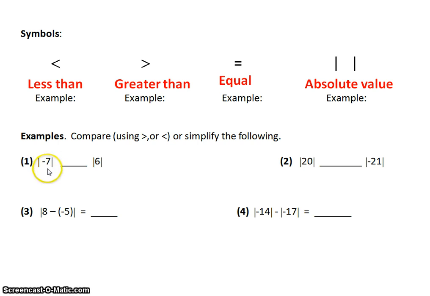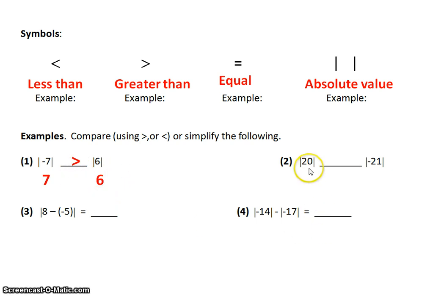What is the distance negative 7 is from 0 on a number line? Negative 7 is 7 units from 0. The absolute value of 6 is 6, or 6 is 6 units from 0. Now we're going to compare 7 and 6. 7 is greater than 6.